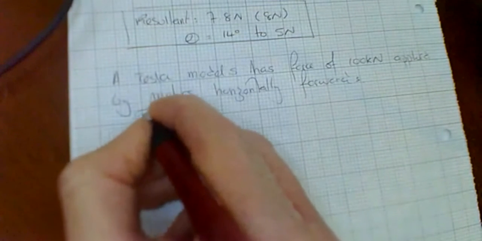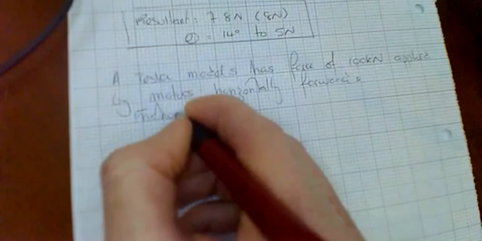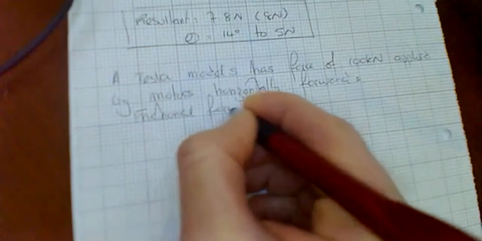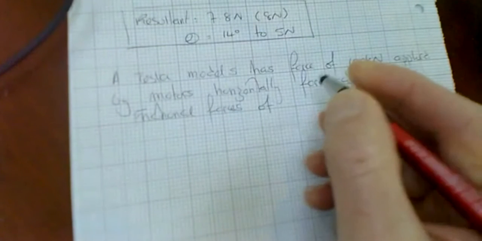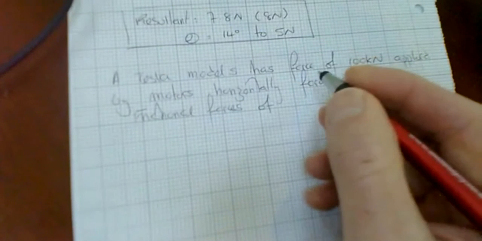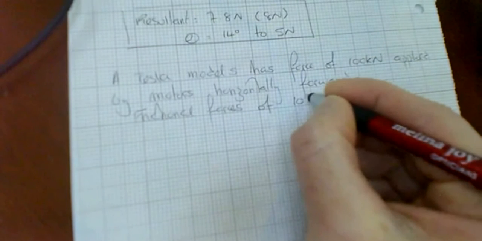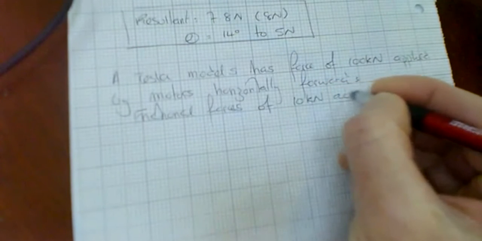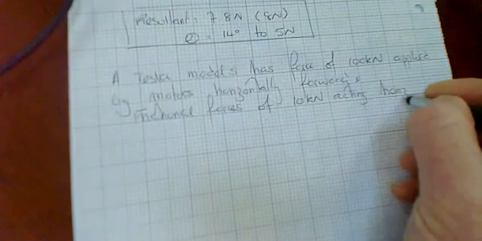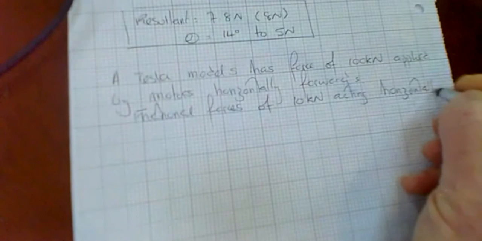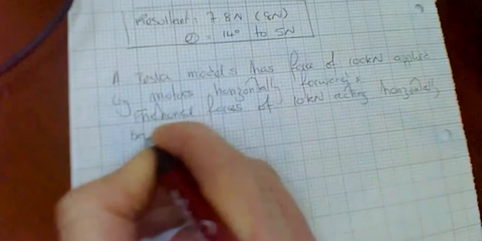Let's say we have frictional forces of, let's say, 10,000 newtons acting horizontally backwards.